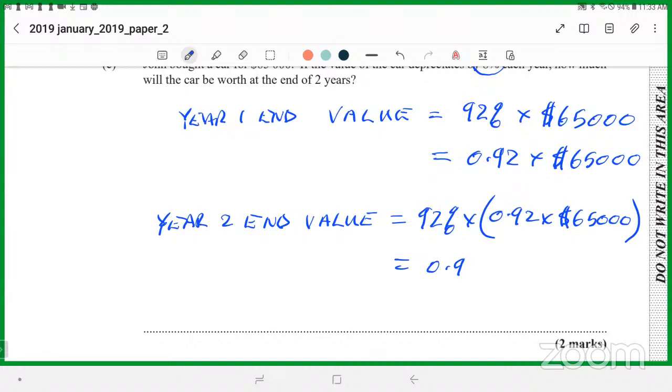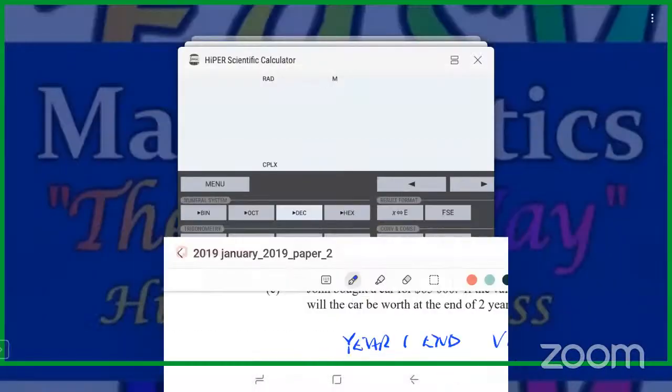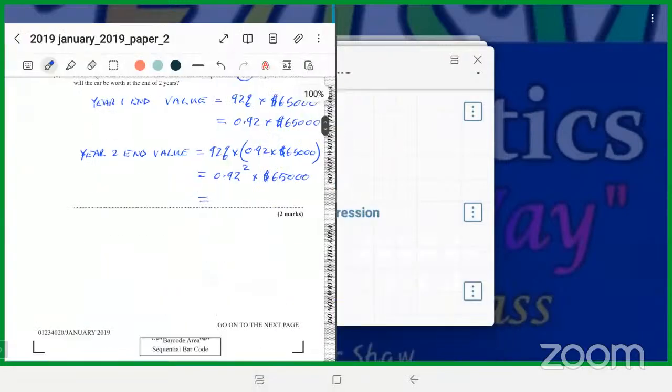But I'm going to do 0.92 squared, because this is 0.92 and this is 0.92. 0.92 squared times 65,000. That's going to give me my final answer. Now, if you work it out step by step and calculate each part, no problem.